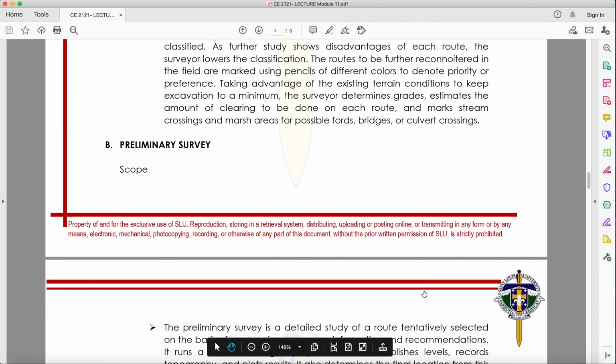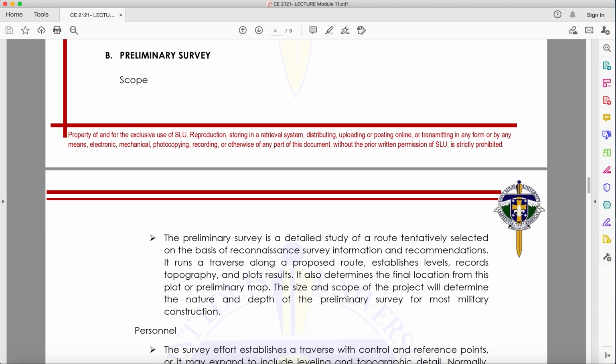Okay, next would be the preliminary survey. For the scope, the preliminary survey is a detailed study of a route tentatively selected on the basis of reconnaissance survey information and recommendation. So dito magkakaroon na tayo ng detailed study ng mga possible na route that were tentatively selected during the reconnaissance survey.